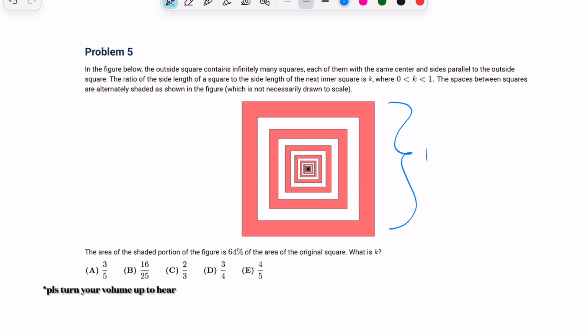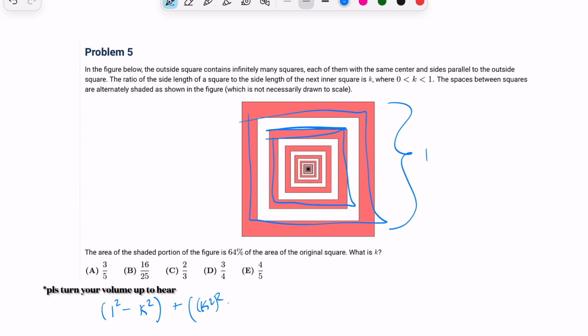Then let's write an expression for the shaded area. So first, this outer ring here has an area of 1 squared minus k squared. Then the next shaded area here has an area of k squared, which is this length, minus k cubed squared, which is this length.